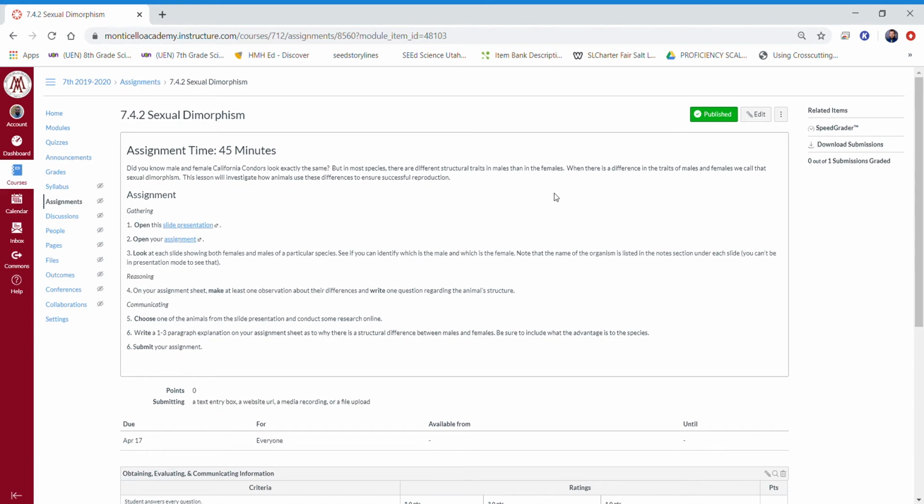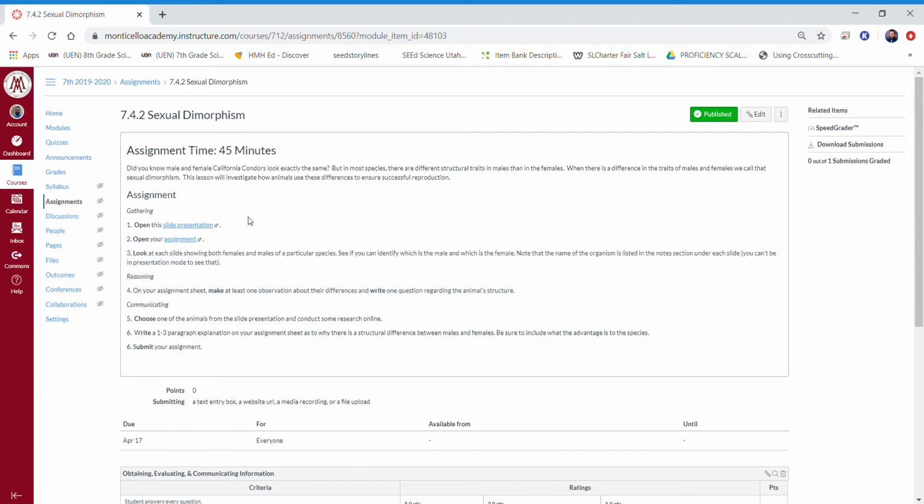They tend to be heavier, larger in general. In most spider species, say a tarantula, it's actually the females that are bigger than the males. So any species that has a difference between how the males and females look, so their traits, that's sexually dimorphic. I just wanted to emphasize that first of all.